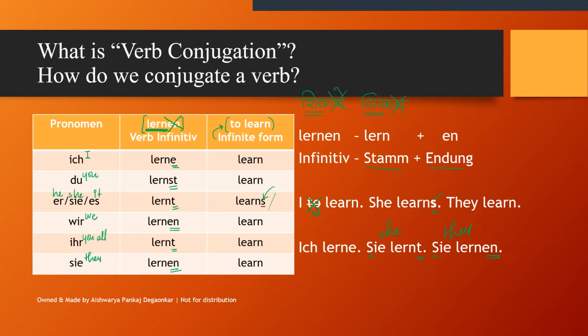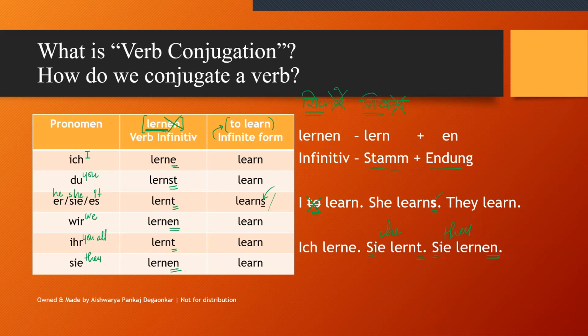Ma'am, can you explain this st and e and t concept again one time? Yeah, sure. So basically, if you think of the Marathi or Hindi verbs, how we remove the en, the same process happens here.